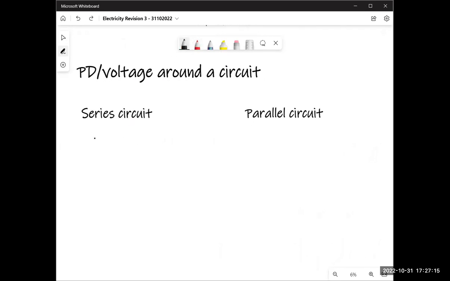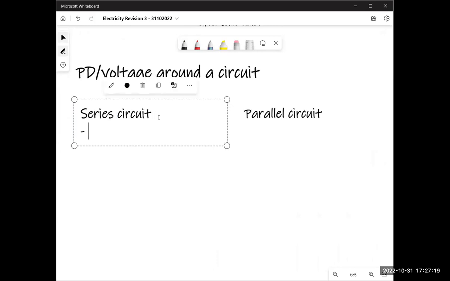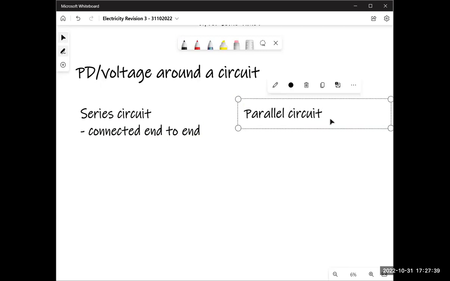Now, series circuit is, let's just say, connected side, end to end. And parallel circuit is connected side to side.